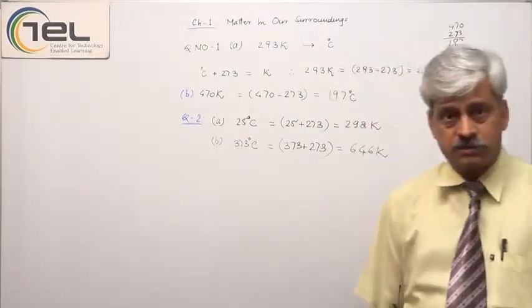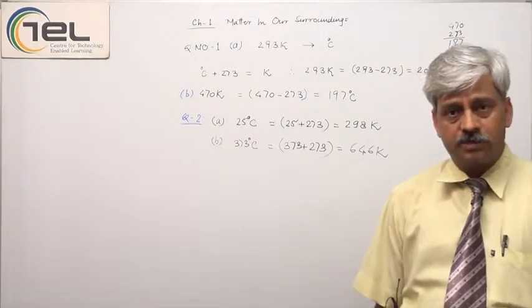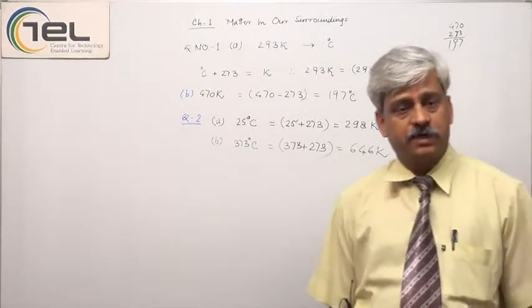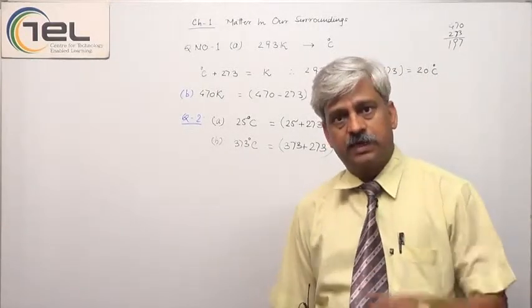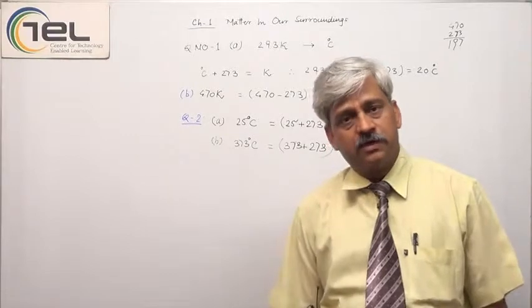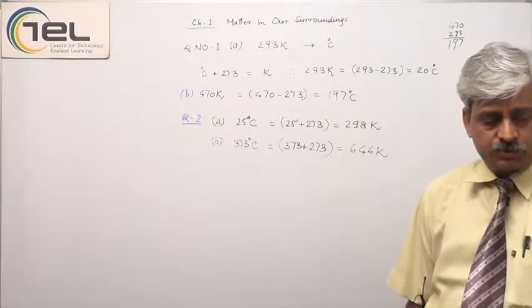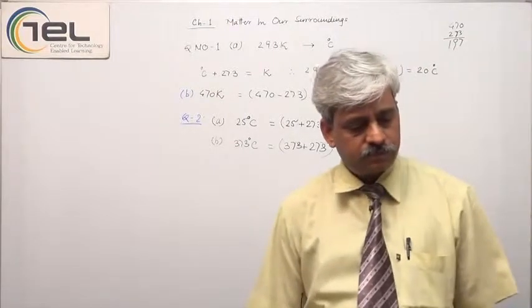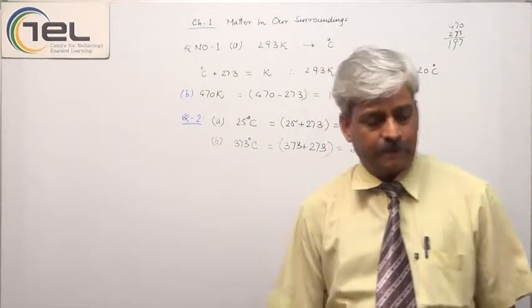So naphthalene balls also have the same characteristics. Naphthalene is a solid material that doesn't convert into the liquid state. It goes directly to the vapor phase, directly to the gaseous state. So this kind of conversion we call sublimation. So the reason behind this is the sublimation of naphthalene.